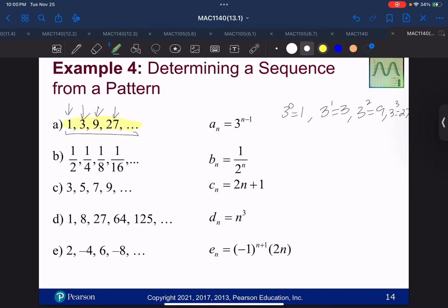So I know that my formula will have a power of 3. And then I need to think about, if n started at 1, what would make the first one equal 0 for the exponent? Well, that would be n minus 1. n minus 1 would be 0, and if I plugged in 2, 2 minus 1 would be 1. So this would be the formula for that sequence: a sub n, the nth term, is equal to 3 to the n minus 1 power.